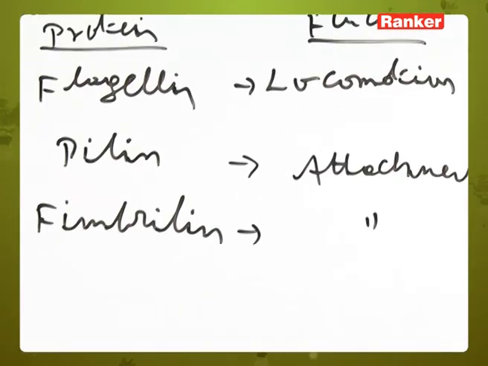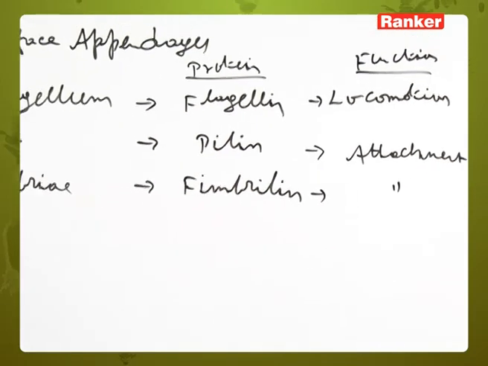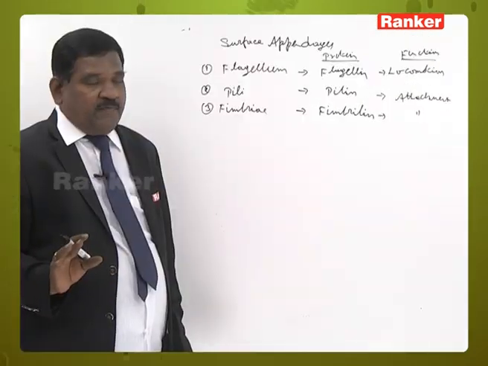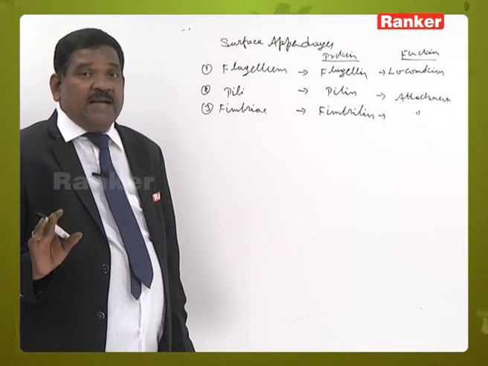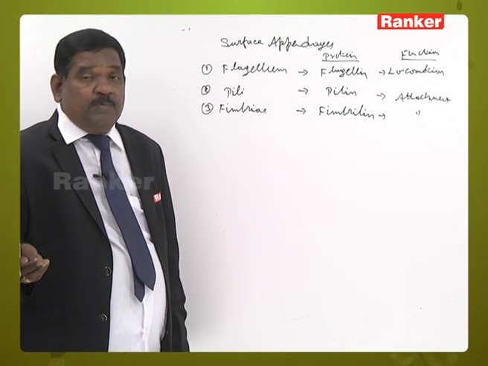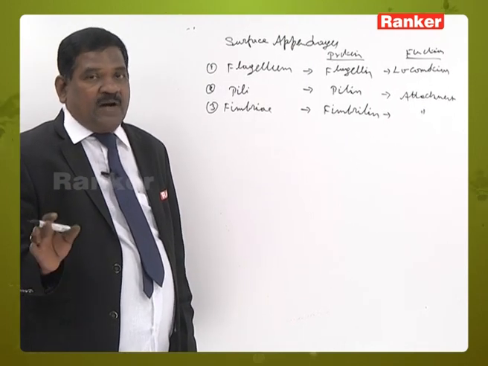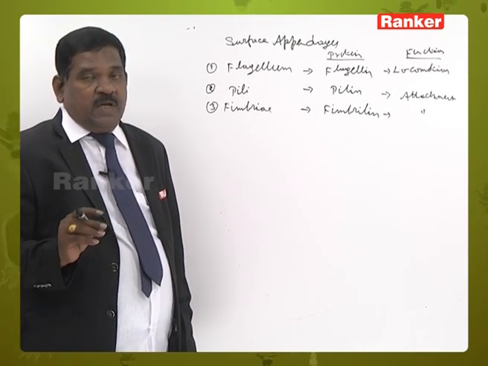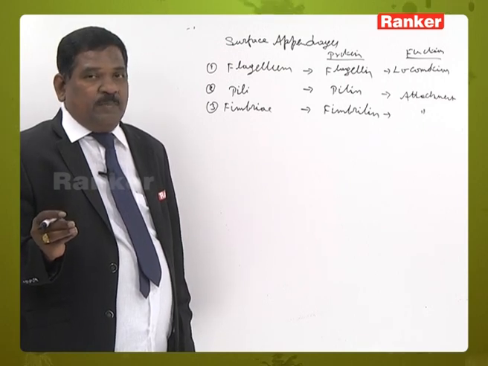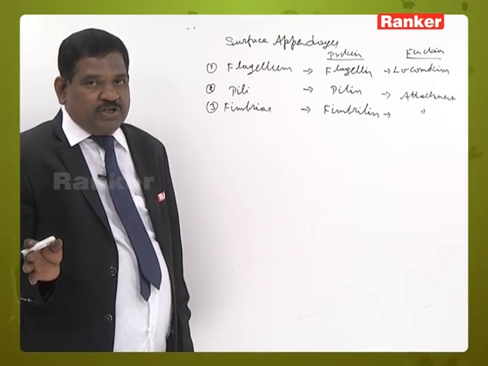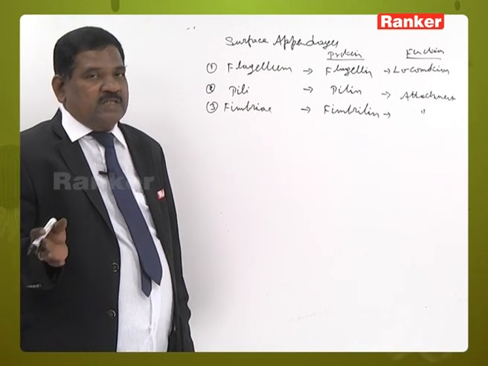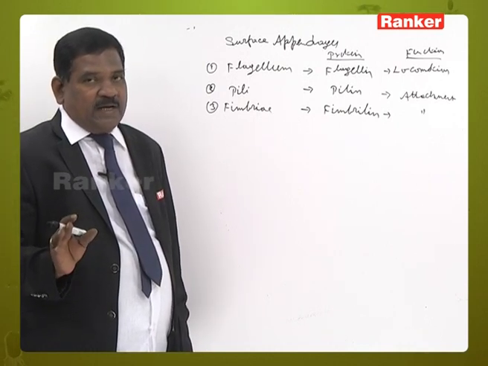Of course, the pili also help in conjugation. But the common function of pili and fimbriae, attachment, helps the bacterium to attach to host tissues or to the substratum in an aquatic environment.